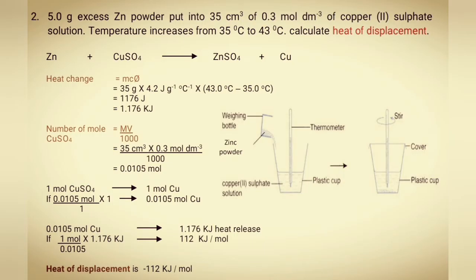This is because the definition of heat of displacement is the heat change when 1 mole of a metal is displaced from its salt solution by a more electropositive metal. Heat of displacement between zinc metal and copper(II) sulfate is negative 112 kilojoules per mole. 112 kilojoules of heat is released when 1 mole of copper metal is displaced from copper(II) sulfate solution by zinc metal.